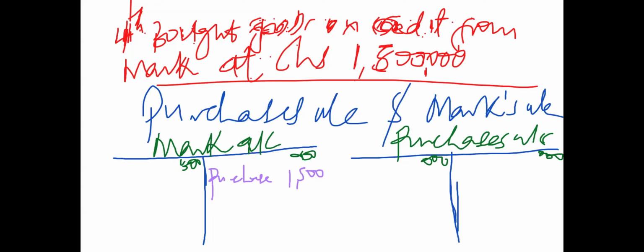So we are going to come and debit purchases in the name of Mark, 1.5. The reason we are taking Mark here is because that is where the information came from. And the reason we are putting purchases here is because that information is coming from the purchases account.